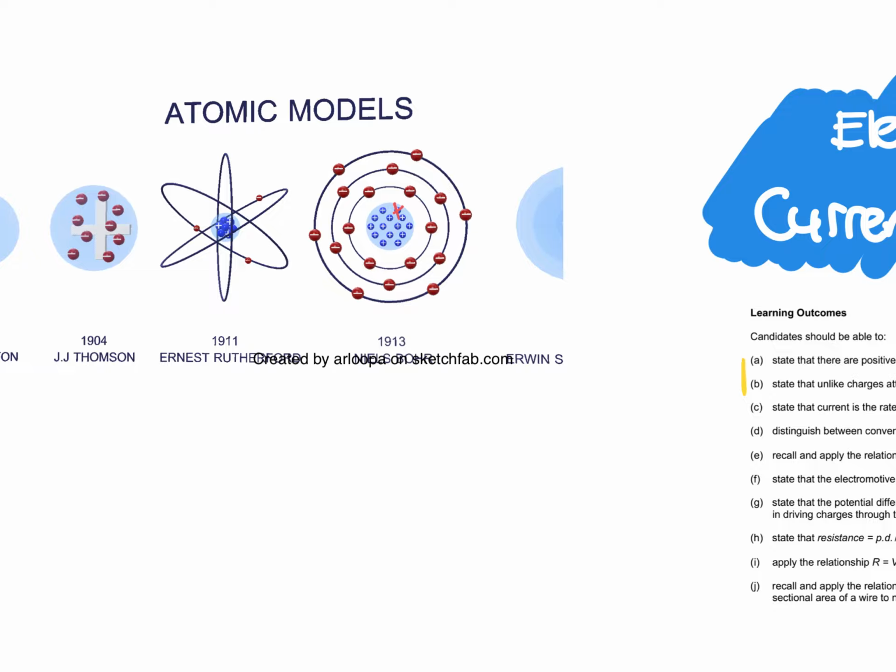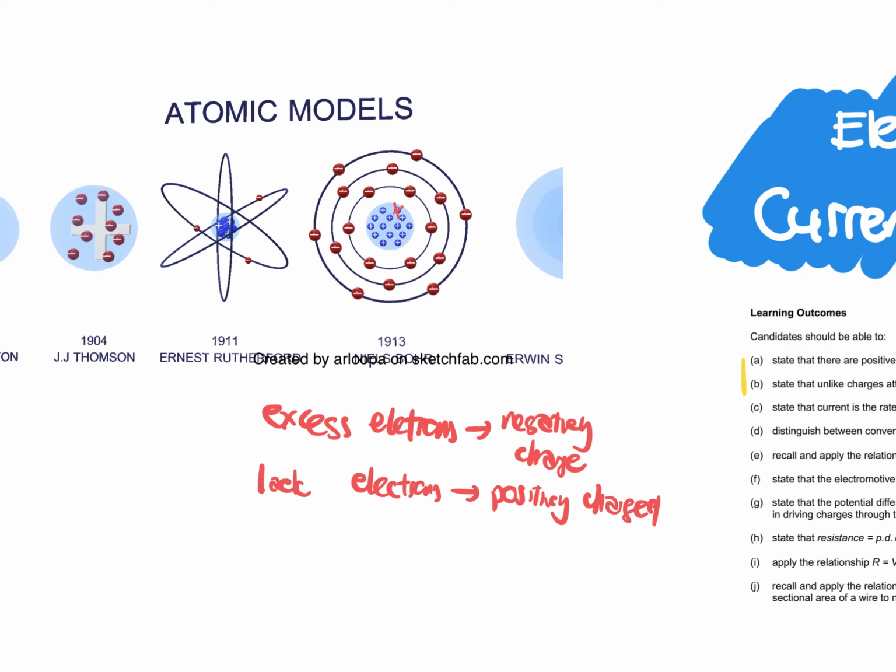So if I have an excess of electrons, then that means I'm negatively charged, right? Likewise, if I have a lack of electrons, that means I have more protons, then I'm positively charged.